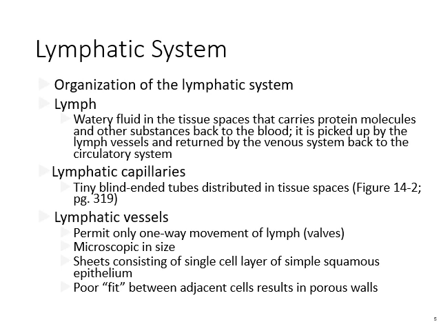The lymph vessels permit only one-way movement of the lymph. They are microscopic in size. They have a poor fit between the cells, so the walls are porous.